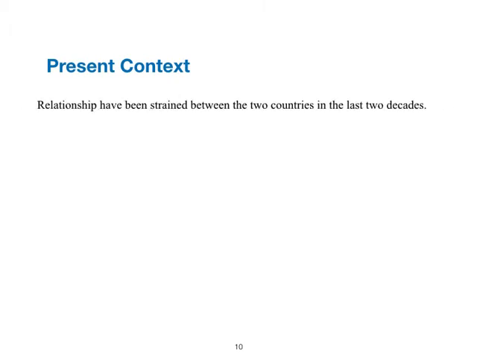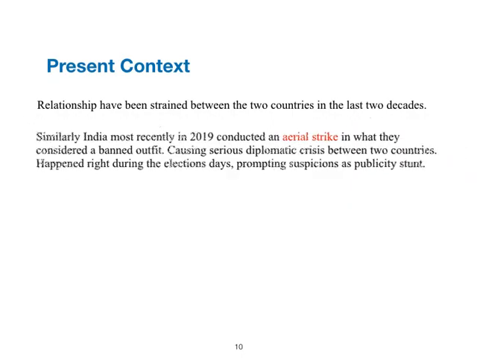And what we can think about is that most recently, in the current context, India conducted an aerial strike on what they considered a banned outfit, which caused a serious diplomatic crisis between the two countries. And obviously, Pakistan also retaliated.